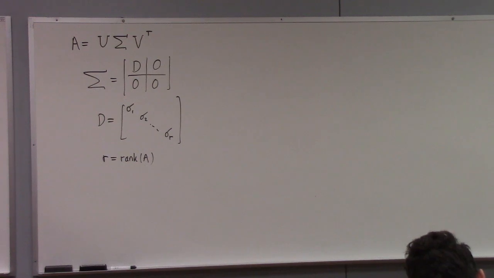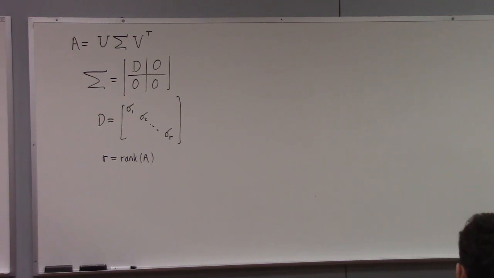So what do I got here? 1 over the square root of 2 times the square root of 18, times 2, minus 4, 4.